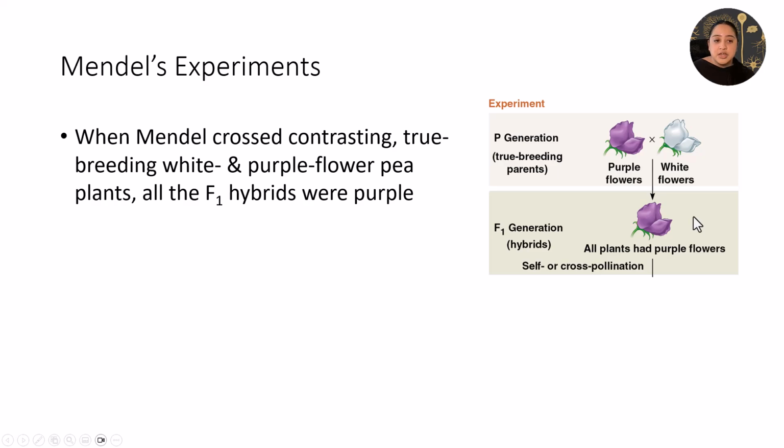So when he crossed those contrasting true breeding white and purple flower pea plants, he found at first that all the F1 hybrids are purple. Interesting. And so just out of curiosity, he was like, well, what happens if I let these self-pollinate or cross-pollinate? Let's see if they also come out purple, or maybe the white comes back. Let's just see what happens.